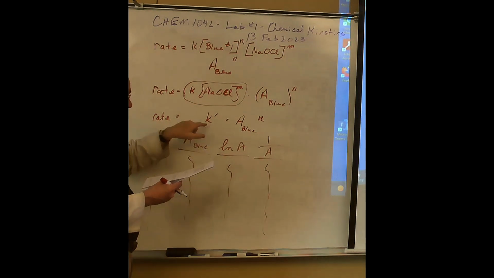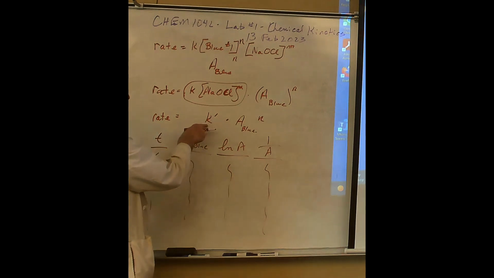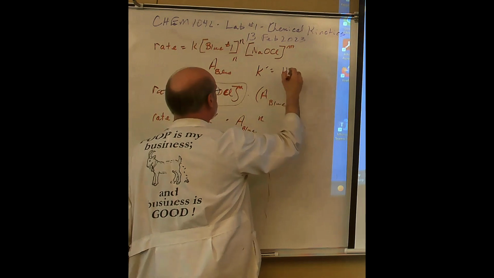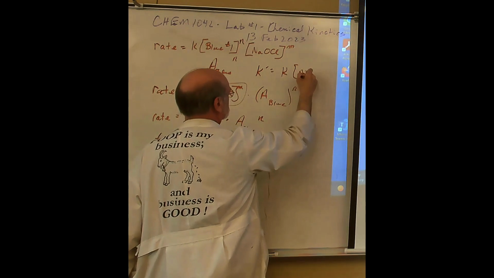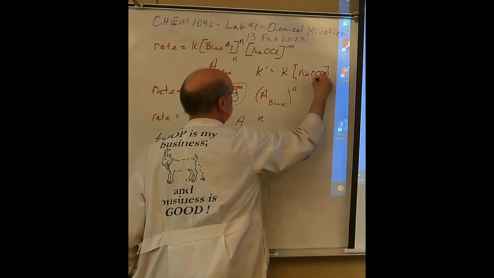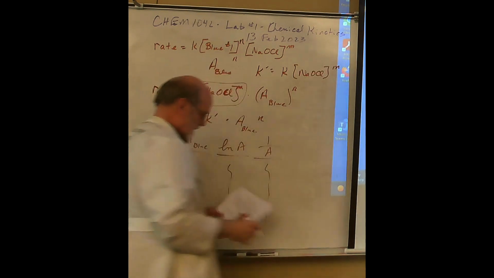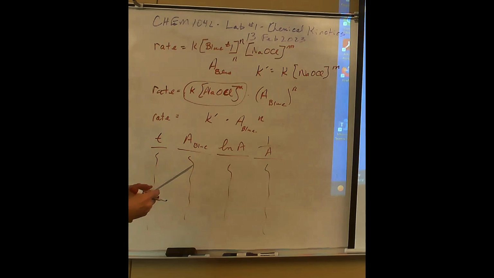Actually, you'll ratio this thing. What is this equal to? K prime is equal to K times this one. Oh, excuse me, that's again. Okay.